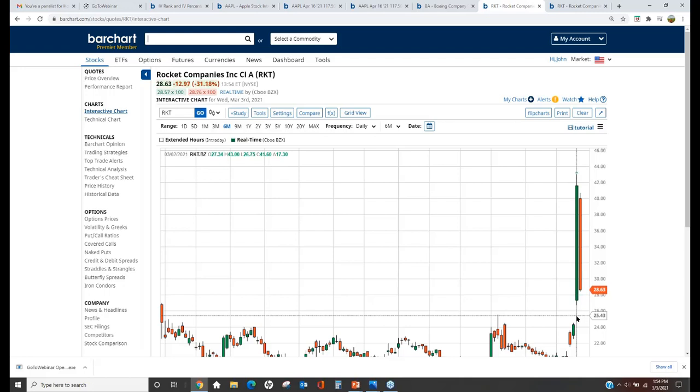Now, the other thing I did talk to you guys is that there is another Greek, which is called Vega, and I am getting close to the top of the hour, so let me see if I can do this kind of quickly. Vega is the amount the option price changes when implied volatility changes by 1%. So if you believe that there's some type of an announcement that's going to increase your volatility, let's say an earnings report, you want to use longer dated options.